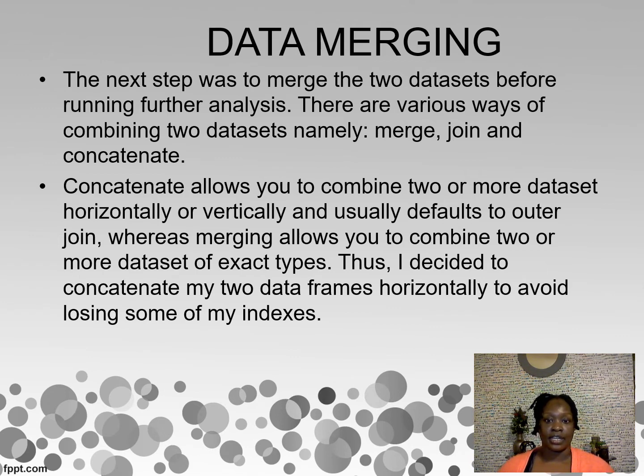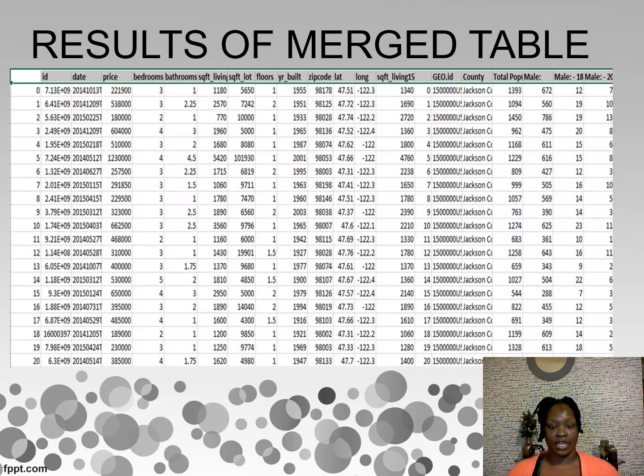Finally, I decided to use concat for my merging process, because it allows me to combine two or more datasets horizontally without losing some of the indexes and variables that I was trying to work with.